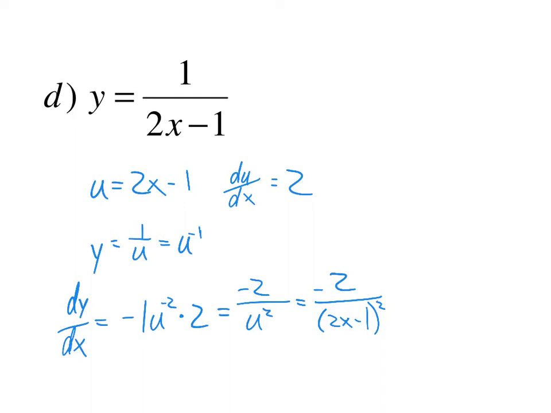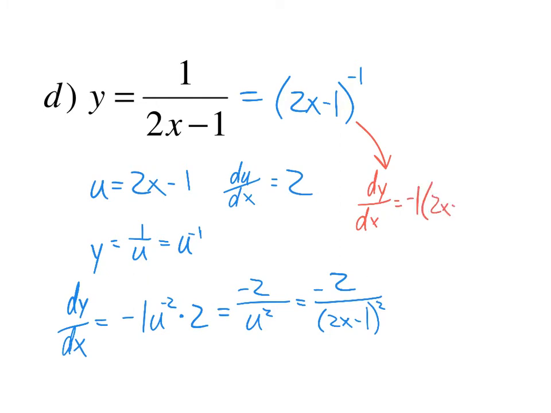Yeah, Nate? If you were to bring up the 2x to the negative 1, could you use power rule in that scenario? Well, yeah, chain rule. We kind of did eventually, 2x minus 1 to the negative 1. So we have something to the negative 1 power, so the derivative of that is going to be negative 1 times the something to the negative 2 times the derivative of the something.